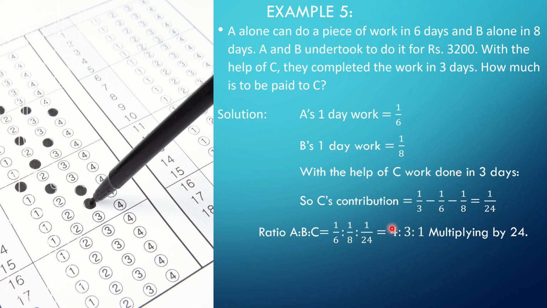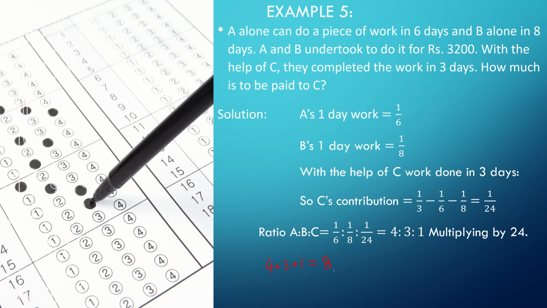Now how much amount will be paid to C? The amount is also distributed in this ratio, because the work done by A, B and C is in the ratio 4:3:1. So this amount 3200 will be distributed among A, B, C in this ratio. The procedure is usually done as we find the sum: 4 plus 3 plus 1, which is equal to 8.